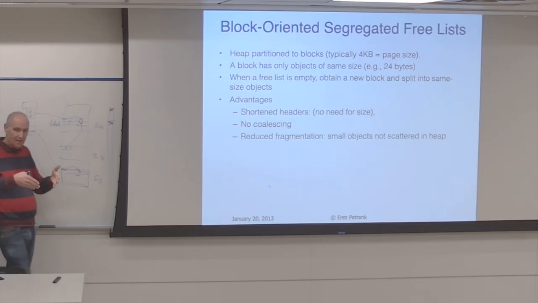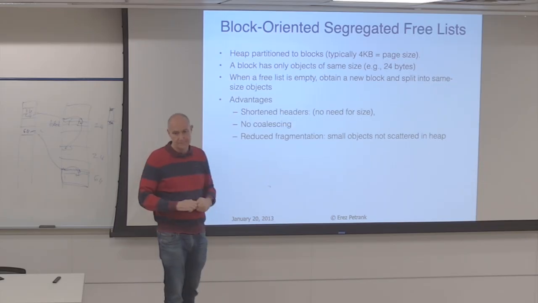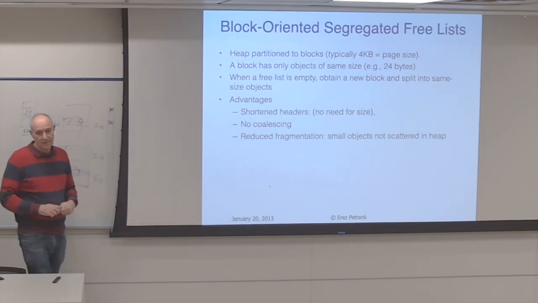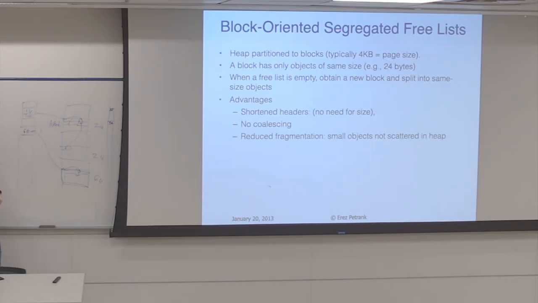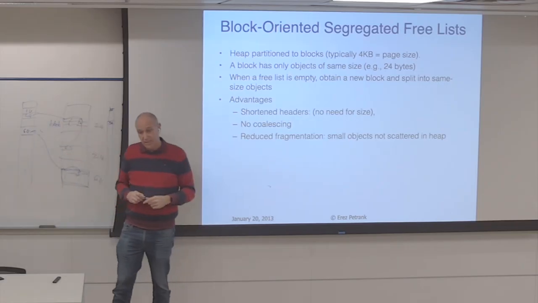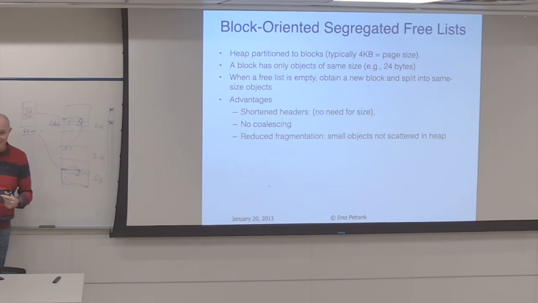I take a larger space than I really want for the allocation. So you're saying if I don't have a free list in 16, it's empty, but I have something in 24, I could allocate in the 24. You could do that, yeah. Maybe it was tried, I don't know, but we don't do that.